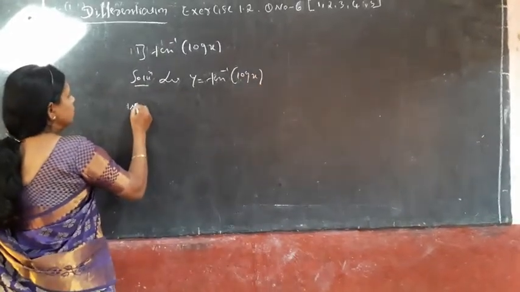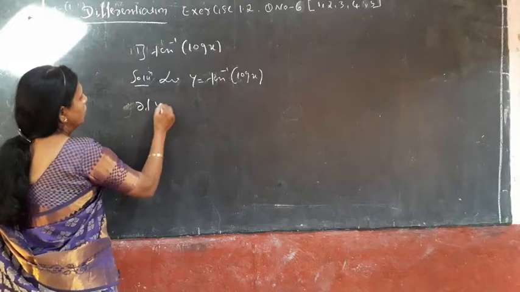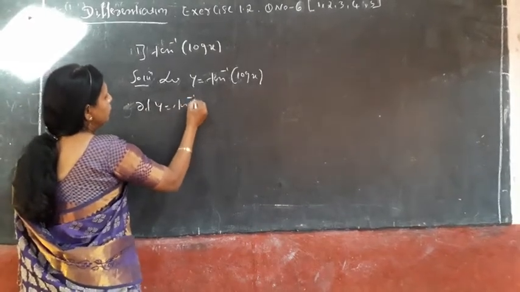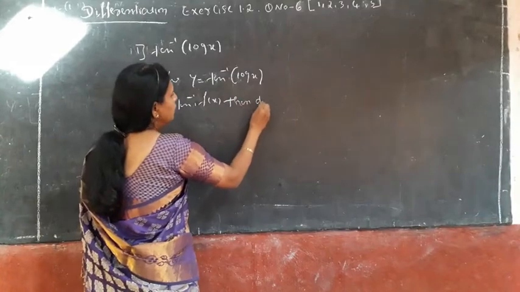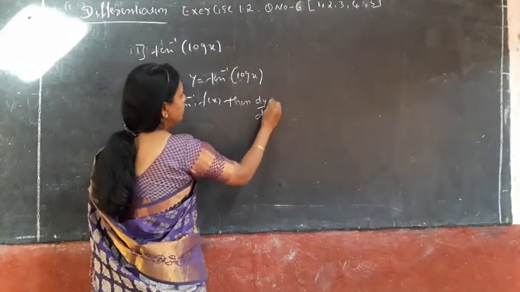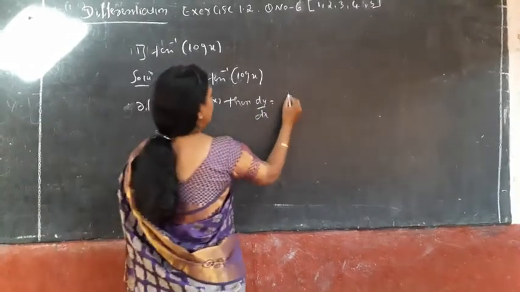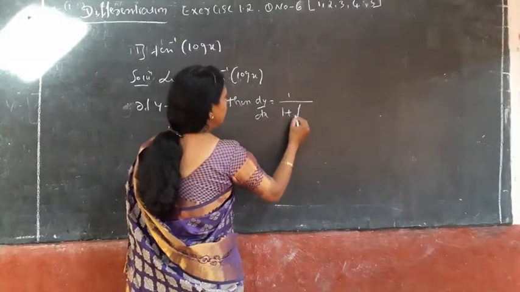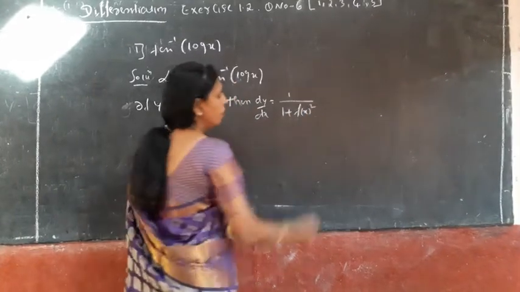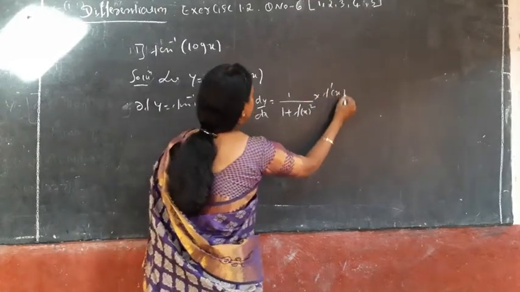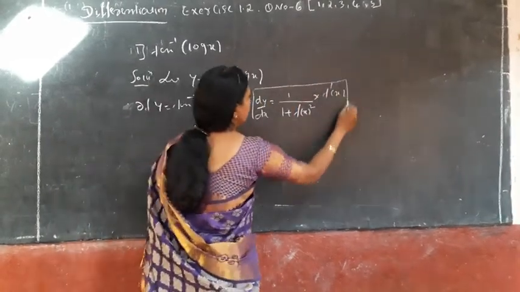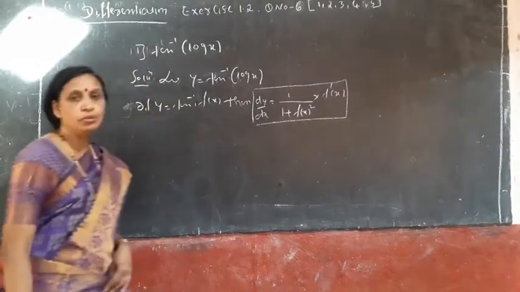We know that if y equal to tan inverse f of x, then dy upon dx can be given by 1 upon 1 plus f of x raised to square into f dash of x. This is the formula we are going to use.